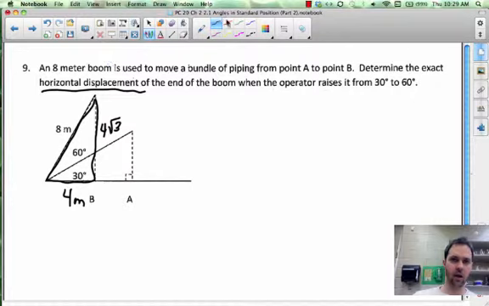Alright, now I'll do a different color, and let's look at the other triangle, which was the boom's starting position. This one is still 8 meters, and this one is 4 meters because it is now the short side where this is the 60-degree angle. And which means this, the red length here, the whole horizontal length, will be 4 times root 3.